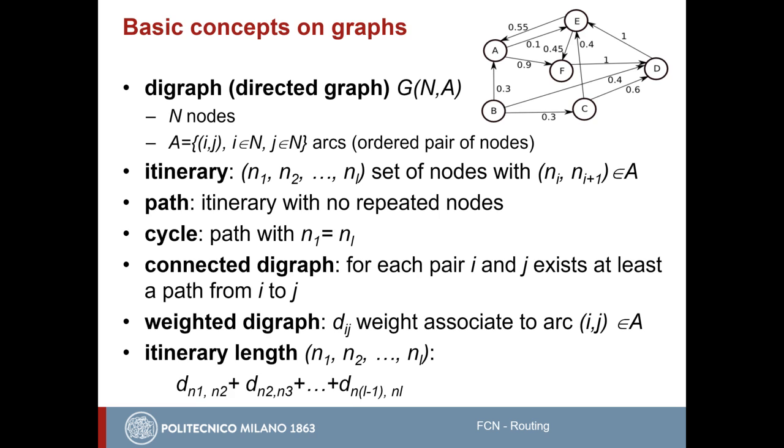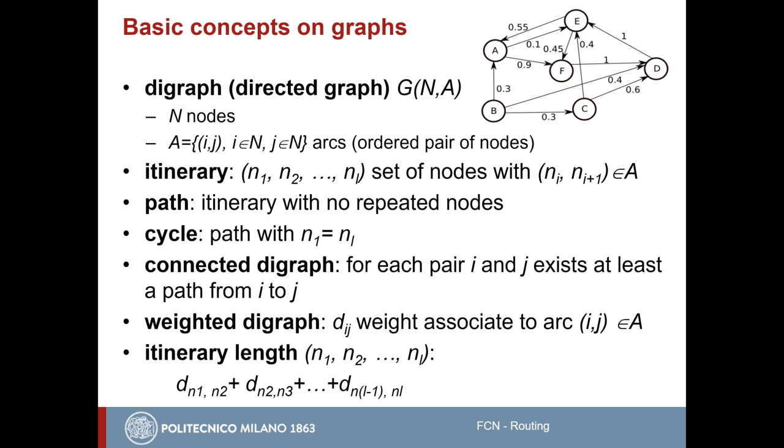Okay, today we are going to get into the algorithm for path computation. And as I anticipated, these algorithms are mathematical tools which usually rely on a representation of the network, which is called graph or digraph. This stands for directed graph in case arcs of the graph have a specific direction.